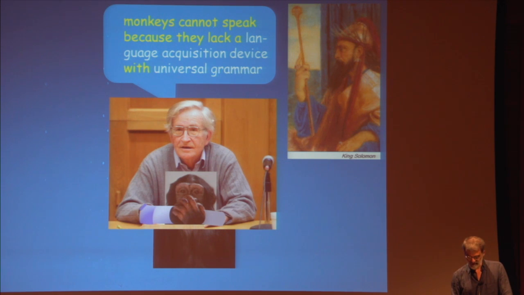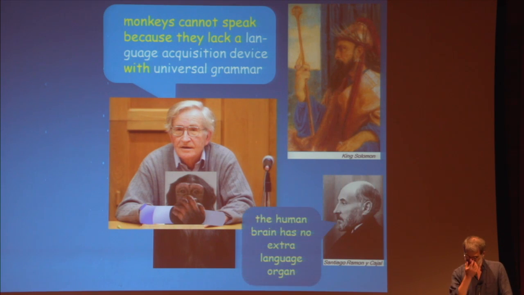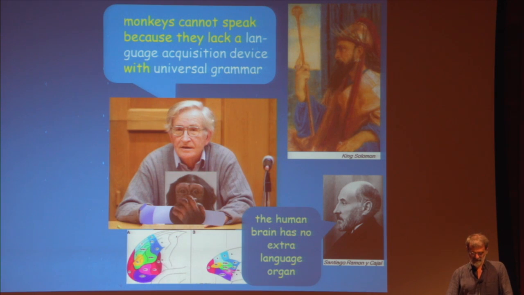And the notion of this LAD, the language acquisition device, is really at odds with what neuroanatomists have seen in the human brain, that is no extra language organ, nothing really in the human brain, even in terms of subdivisions of the frontal lobes, that makes it different from, say, at least the brain of other primates.